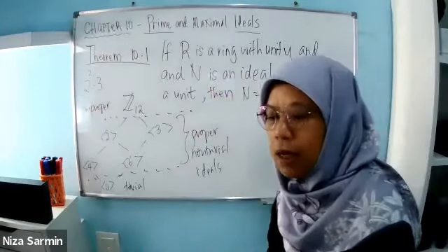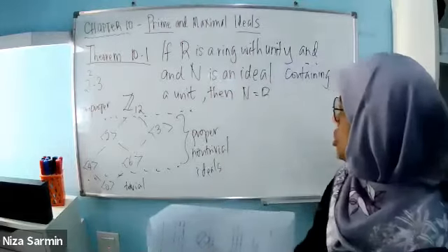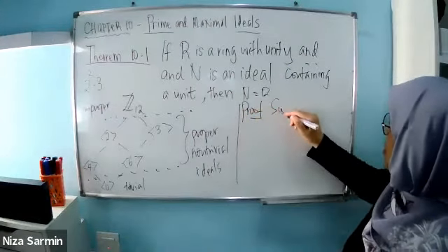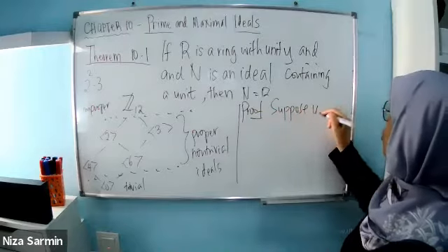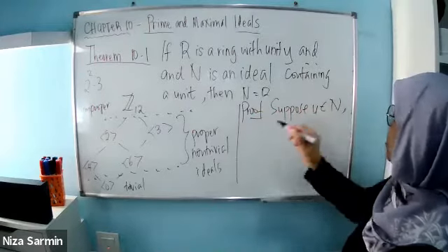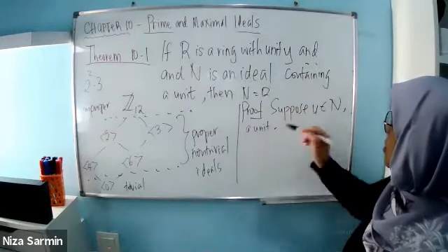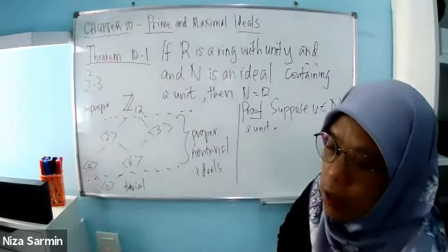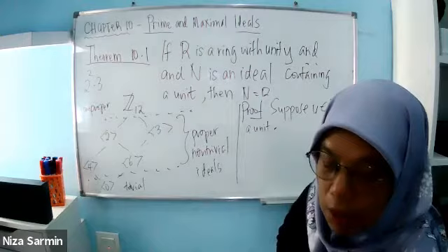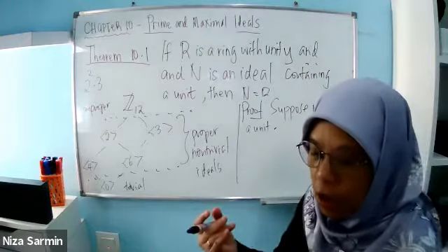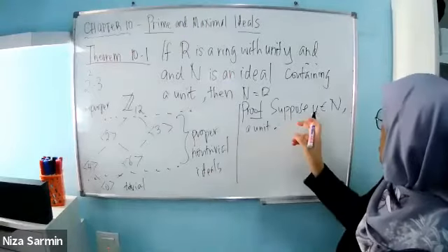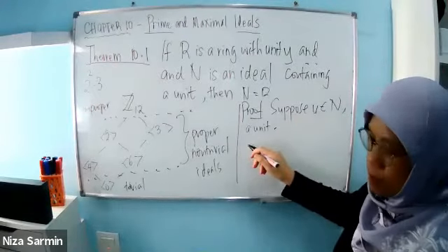I put N is an ideal in R. And suppose U is in N, a unit. Okay, so suppose U is in N, a unit. Now, using the definition of the ideal, since U is in N, right?